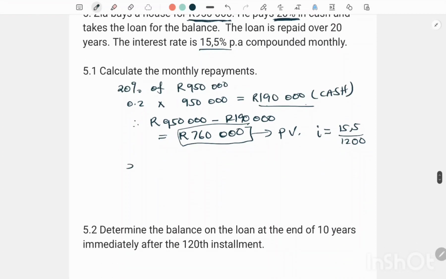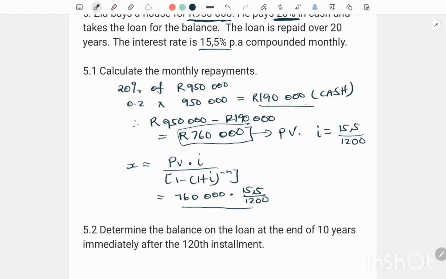Then you calculate x. X is equal to PV multiplied by I over, I'm sorry, I'm making mistakes, 1 minus (1 plus I) negative n. Then it's 760,000 multiplied by 15.5 over 1.2, all over 1 minus (1 plus 15.5 over 1.2) exponent negative, oh, the n, I forgot to write.